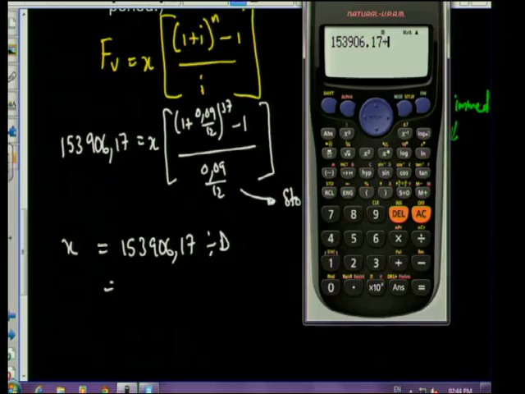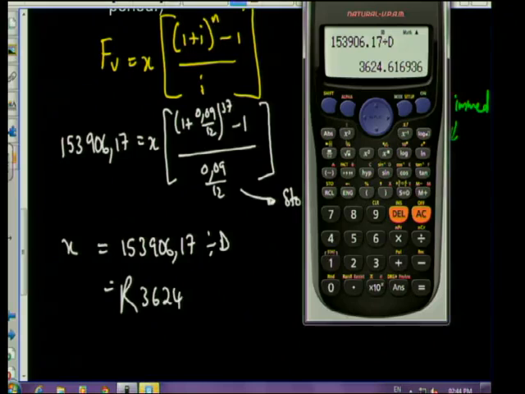I say divide, and then I click on alpha, so it lets me call up one of the variables, call up D, and that will give me my final answer. So this is going to be 3,624 Rand and 62 cents. Again, look on the calculator screen, make sure that you round off to 2 decimal places, and that's what goes up to 62. All right, and so that is where I work out the installment.